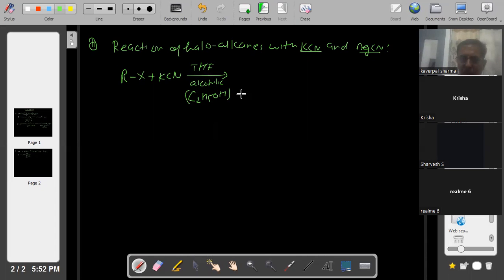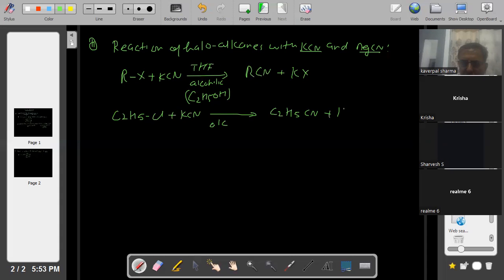Then you will get RCN plus KX. R here is also C2H5Cl plus KCN, in alcohol. C2H5CN is the major product here, plus KCl.